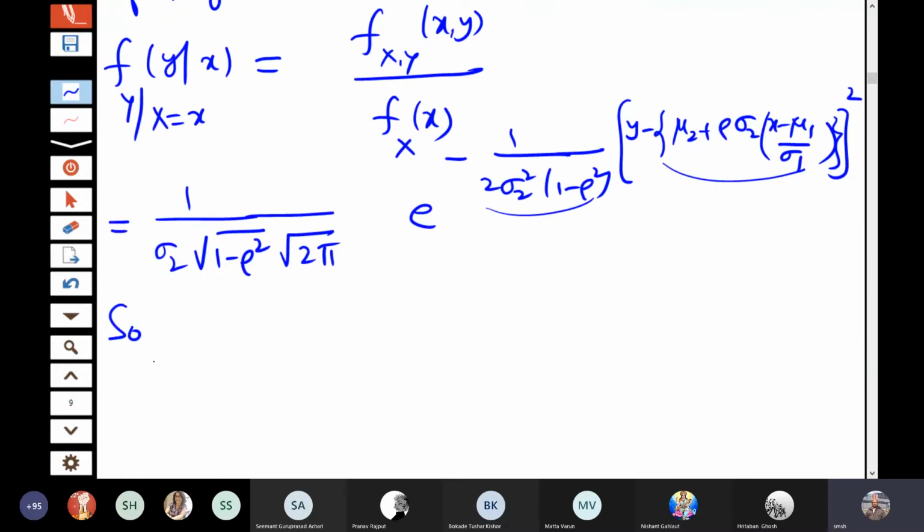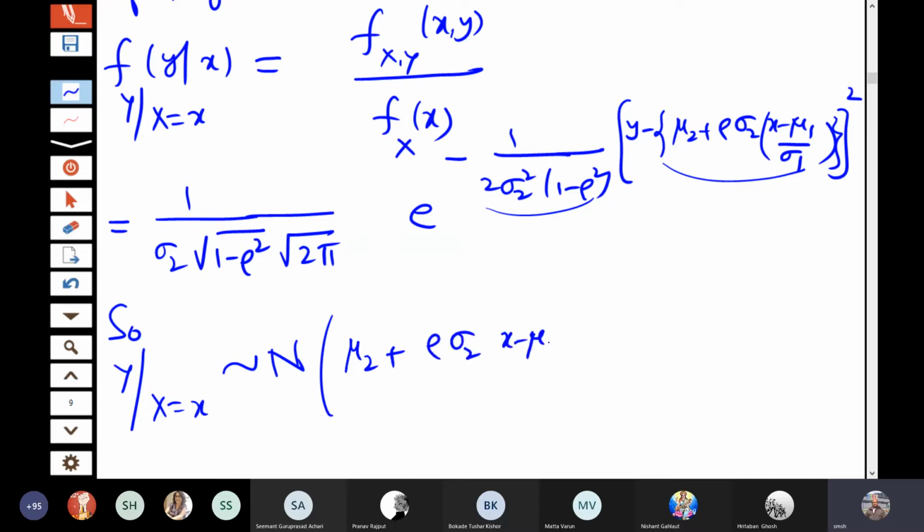So the conditional distribution of y given x is also normal with mean mu 2 plus rho sigma 2 x minus mu 1 by sigma 1, and variance sigma 2 square into 1 minus rho square.